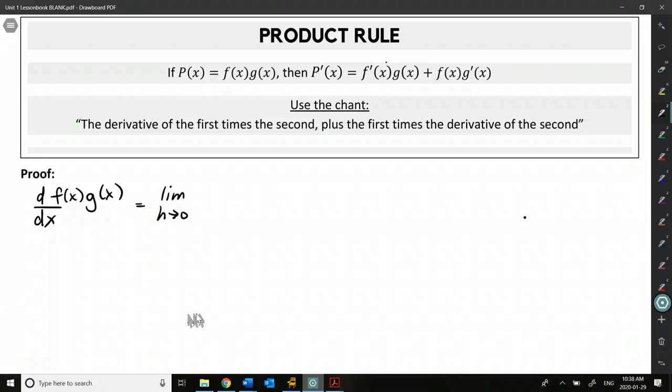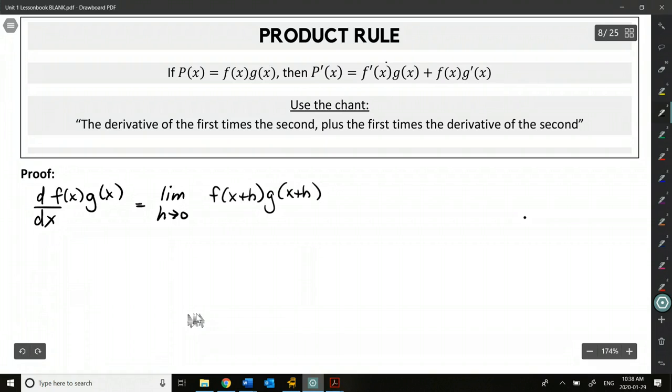And normally what we would have is f at x plus h minus f at x on the top. Now what we're deriving is f at x times g at x. So we're going to have f at x plus h times g at x plus h minus f at x times g at x. Okay, simply because we have f at x times g at x here.